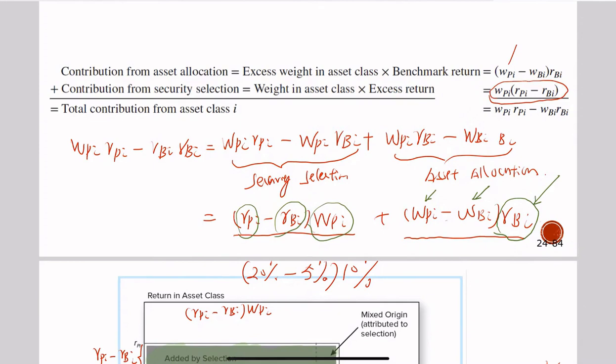When you're talking about security selection, you're thinking about how can I achieve better returns through better security selection. So basically it means that the difference between RPI and RBI should be attributed to security selection.